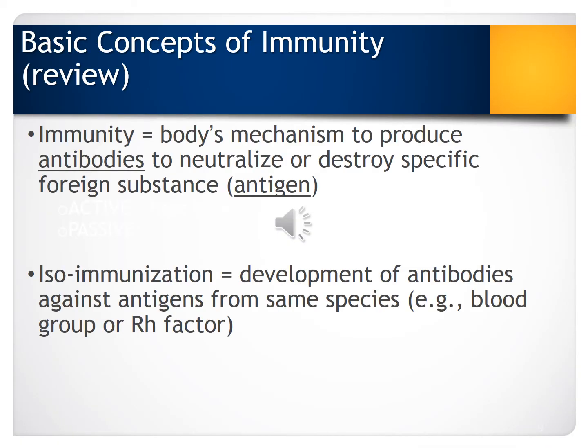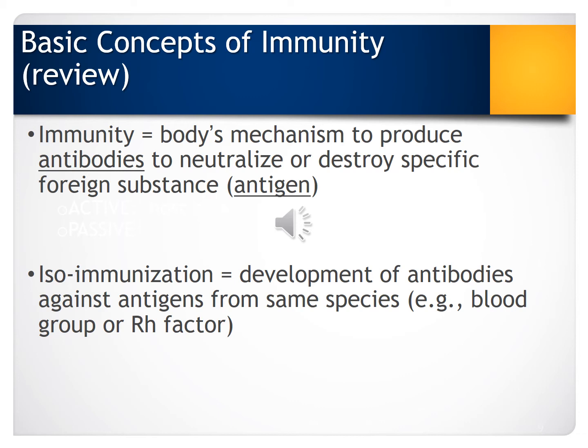So here I just wanted to provide a quick review of basic concepts of immunity. So we know that immunity is when the body produces antibodies to destroy antigens, certain types of antigens. And then isoimmunization is antibodies against antigens from the same species. So it's not foreign because it's coming human to human, and this is where we talk about blood incompatibilities. There's an isoimmunization that develops.